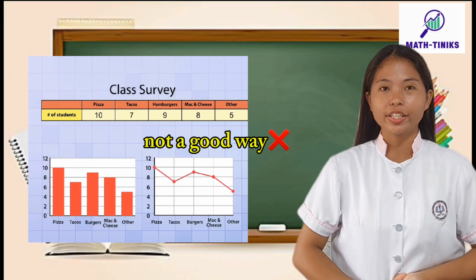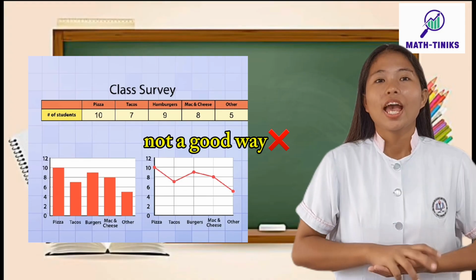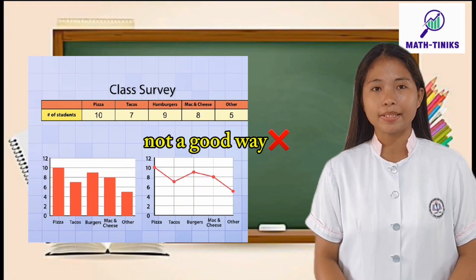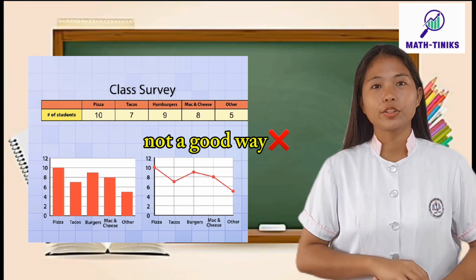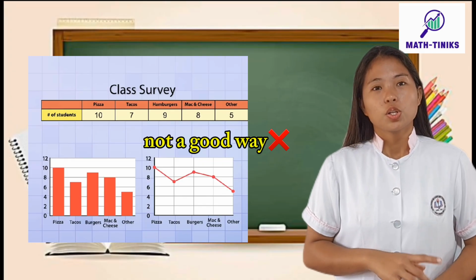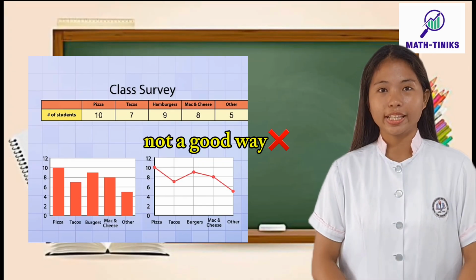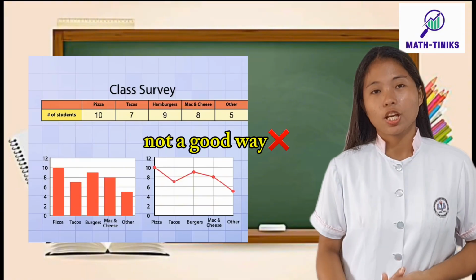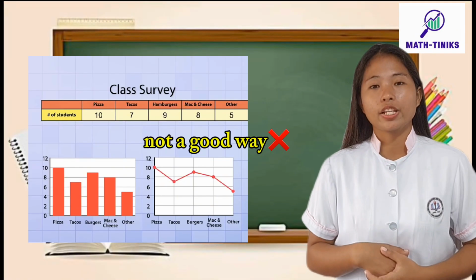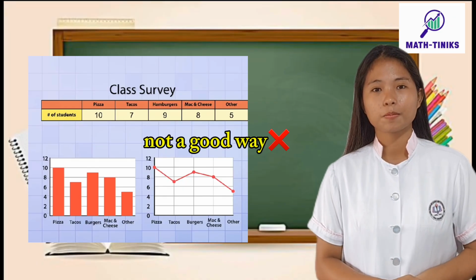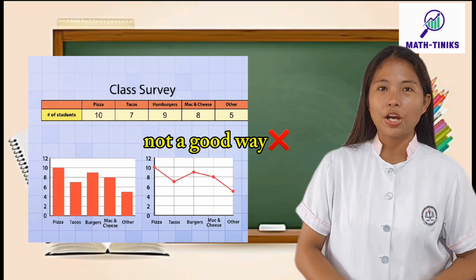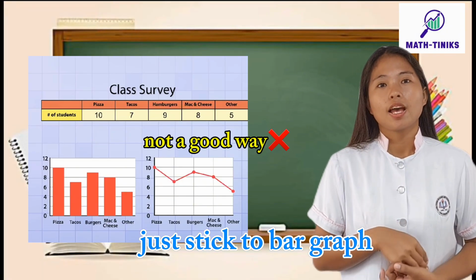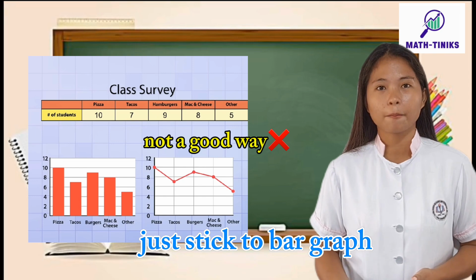And because the order isn't important, any trend you might see by using a line graph doesn't have any real meaning. In fact, it could actually be misleading to use a line graph for data like this because it also implies there could be choices in between, like survey options such as taco pizza or pizza hamburgers. So in a case like this, it's better to just stick with a bar graph.